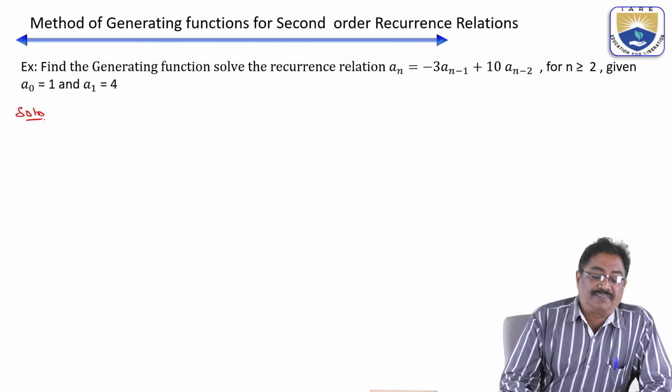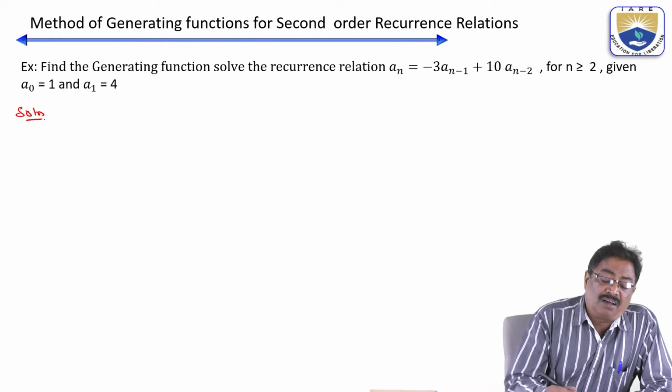With the previous method, f of x is equal to a0 plus a1 x and so on, or else we can consider it in the other way.